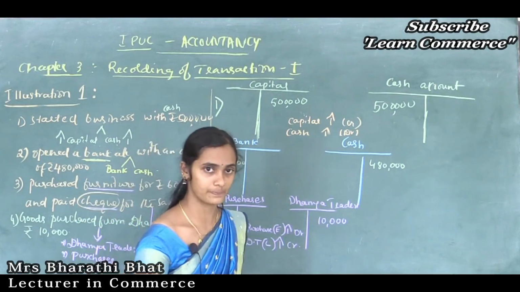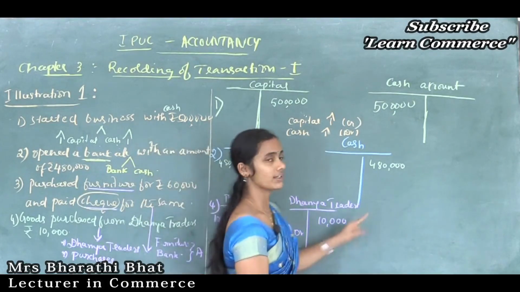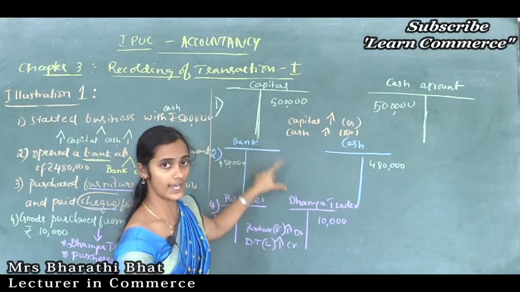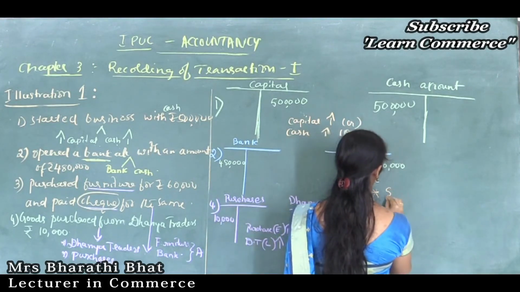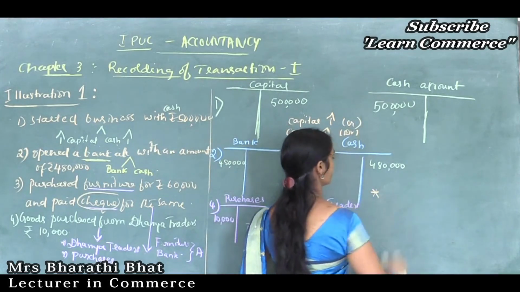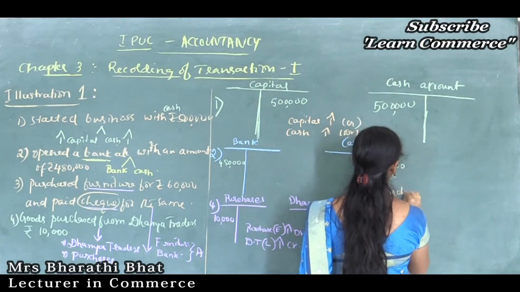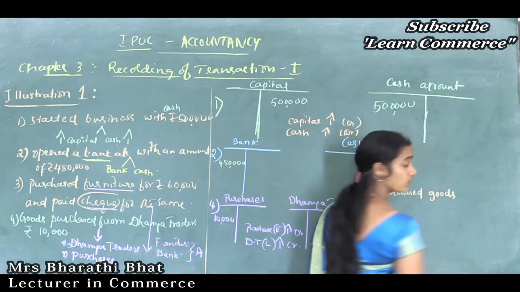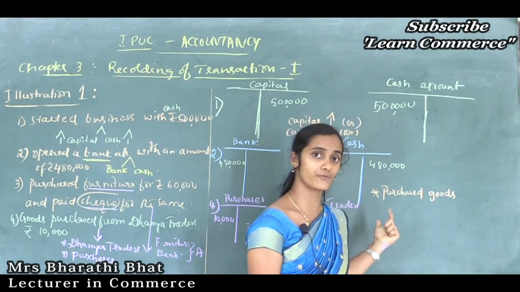Now I'll give one transaction. So take down the assignment question and apply the rule like this. I'll give the same transaction, just try to apply the rule. According to the previous transaction, we purchased goods for credit.